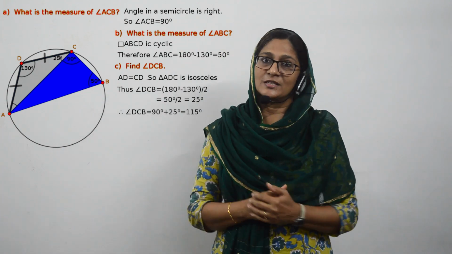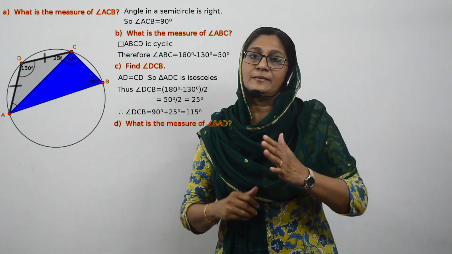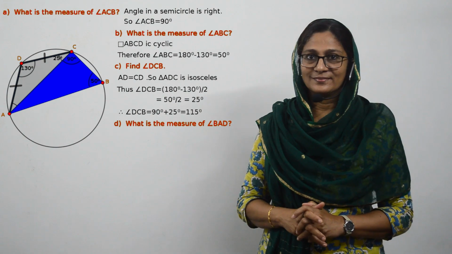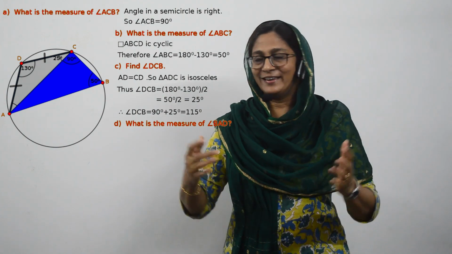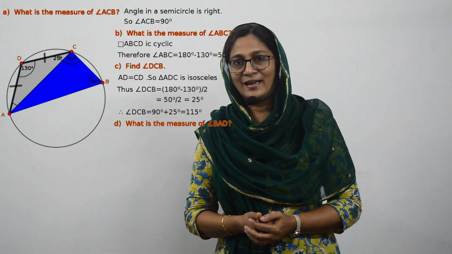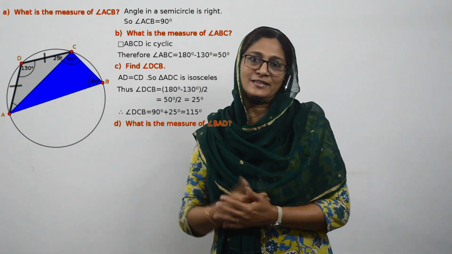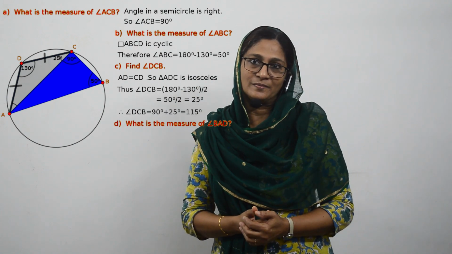The last part of the question is, what is the measure of angle BAD? Again, ABCD is a cyclic quadrilateral, and as you have already guessed, children, angle A and angle C are supplementary.